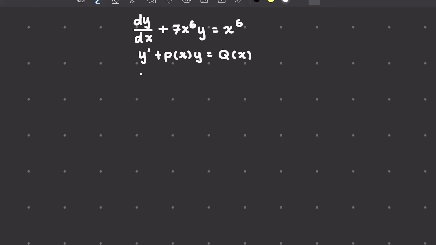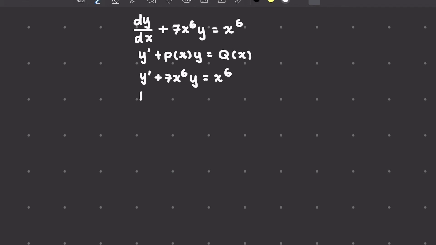First, we know that dy over dx is y prime, or the derivative of y, plus 7x to the power of 6 times y equals x to the power of 6. And remember, first we will need to find the integrating factor.